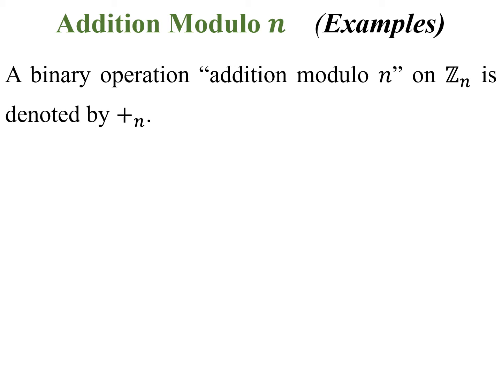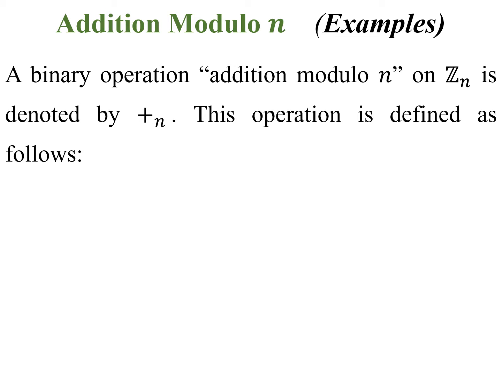And how can you define it? This operation is defined as follows. If class of a and class of b are any two elements in Zn, after adding these two classes under addition modulo n, that is plus n, what do we get? We will get class of x, which also belongs to Zn. And how can you recognize this x?